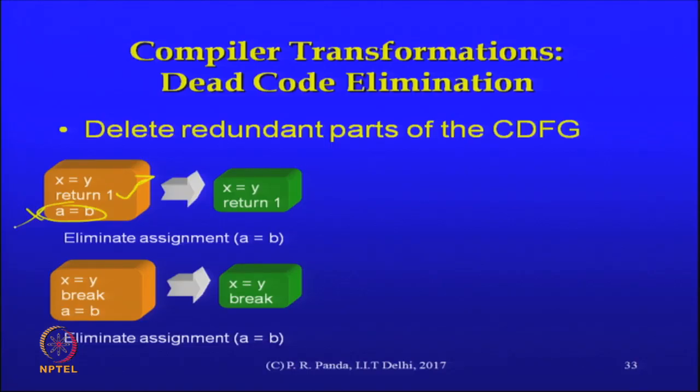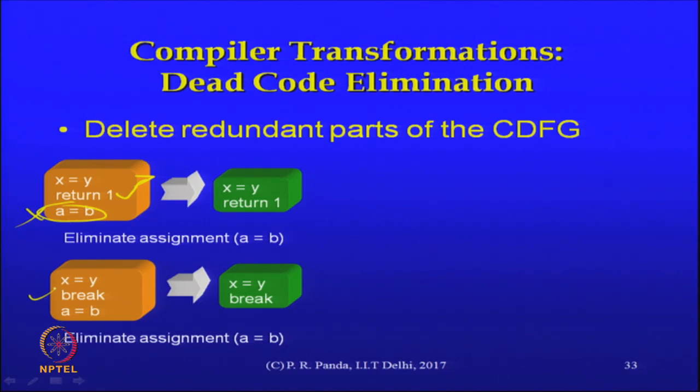There are a number of such control structures which might lead to some statements becoming redundant. Break is a similar kind of statement. Return was taking us out of the function, break takes us out of a loop or something like that, and in that process we may be able to assert that some particular statements become redundant.